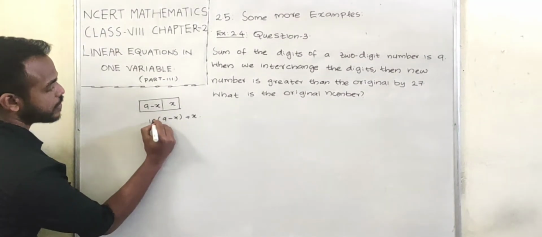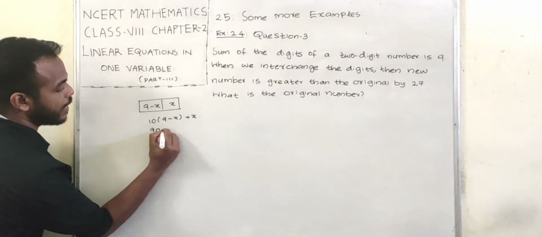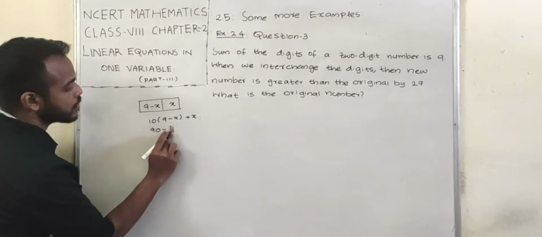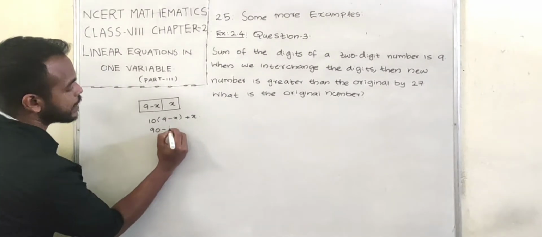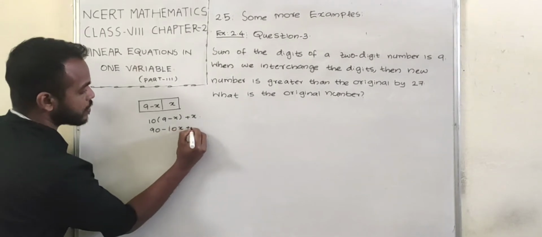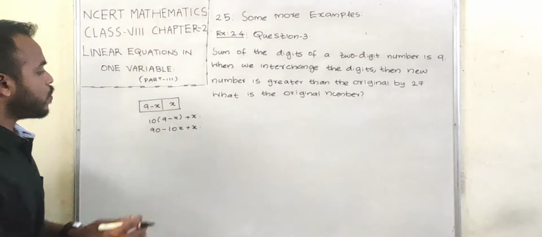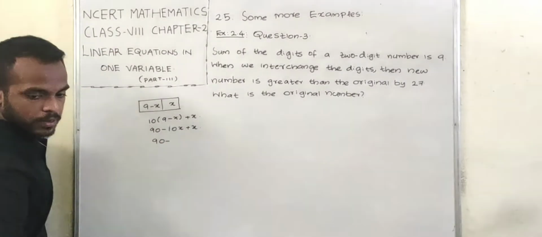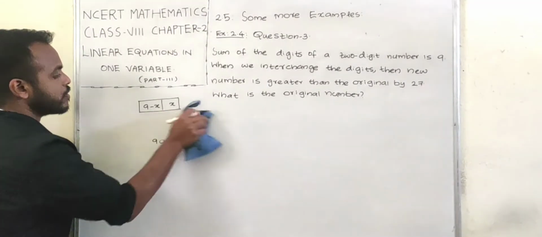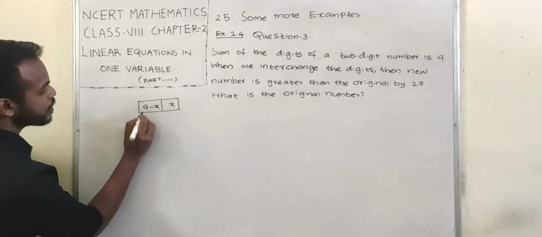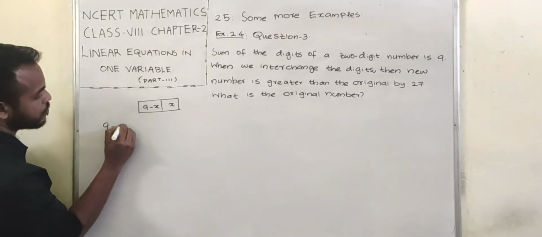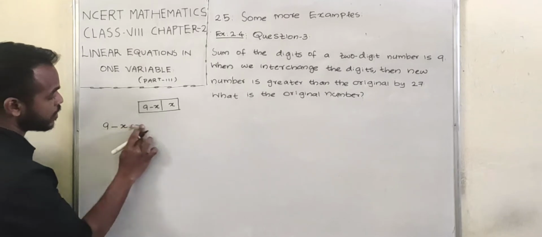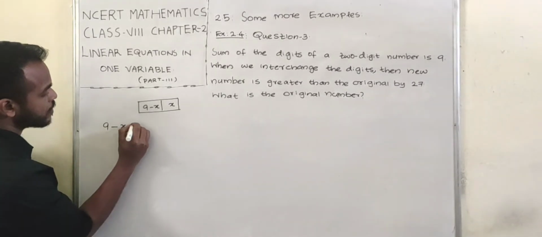So what happens here? 10 into 9 is 90, minus 10 into x is 10x, plus x. Can we further simplify this? I will write it with a bigger font. This is how our number appears: 9 minus x, x.